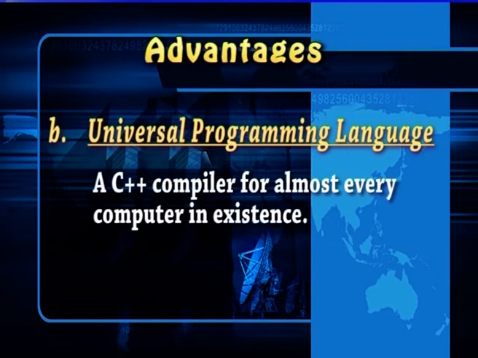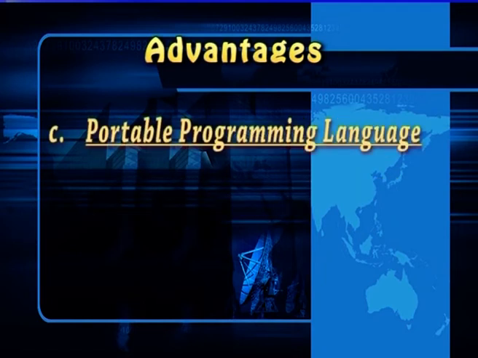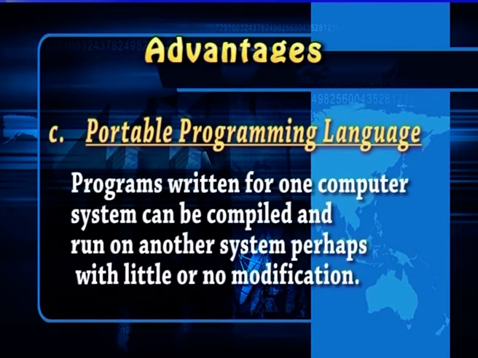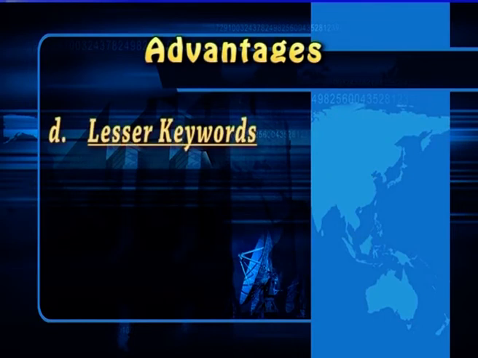There is a C++ compiler for almost every computer in existence. Third, it is a portable programming language. That is, C++ programs written for a computer system can be compiled and run on other systems, perhaps with little or no modification. Fourth, a language of fewer keywords.